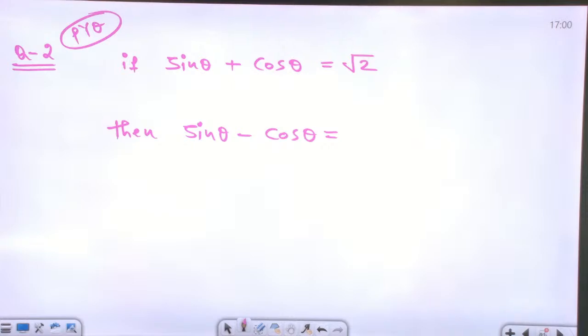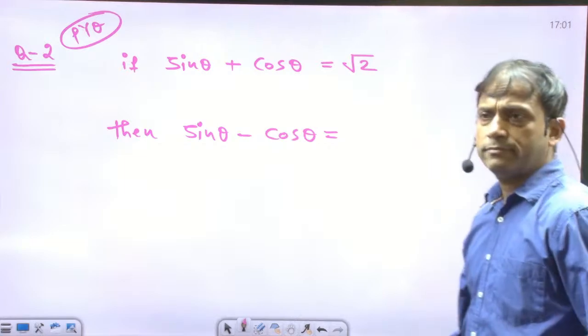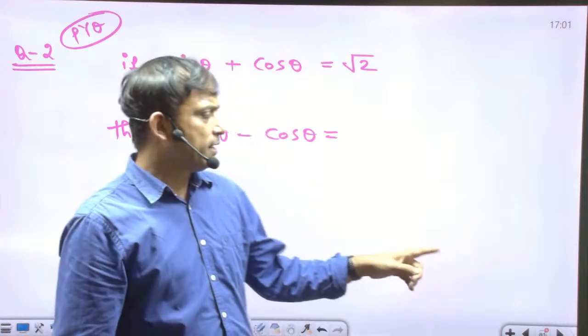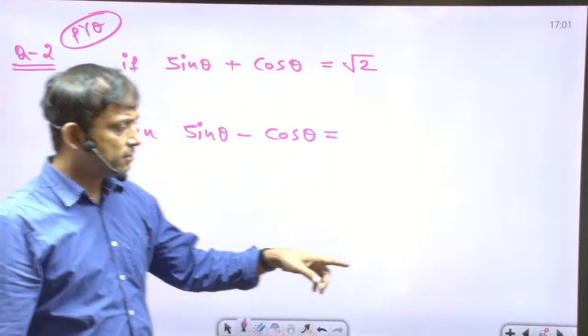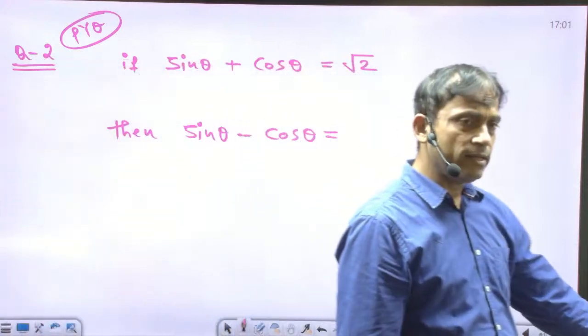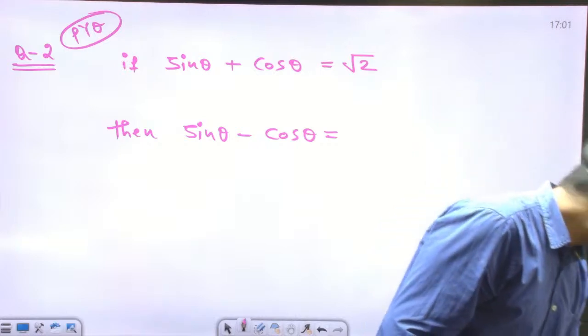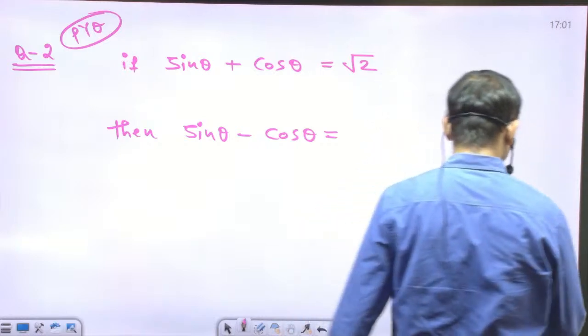There are many comments about 70 degree, 72.5 degree, 50 degree, 18 degree, 15 degree.